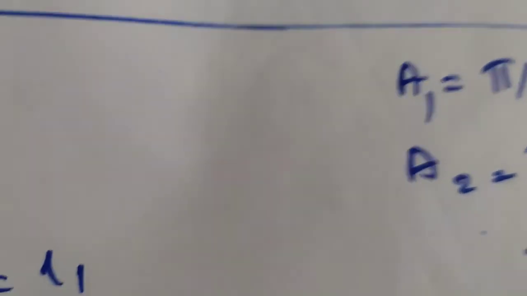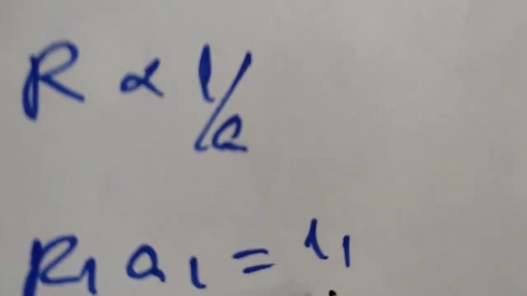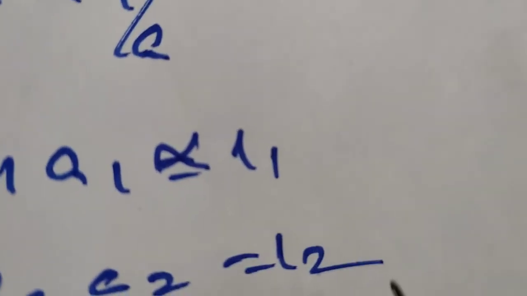So now we see R is proportional to L by A. That is R1 A1 is proportional to L1, and R2 A2 is proportional to L2.